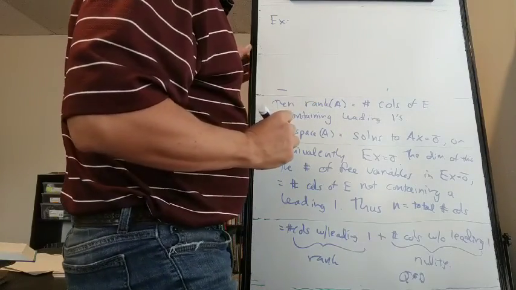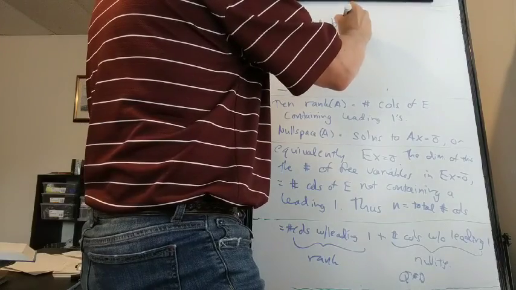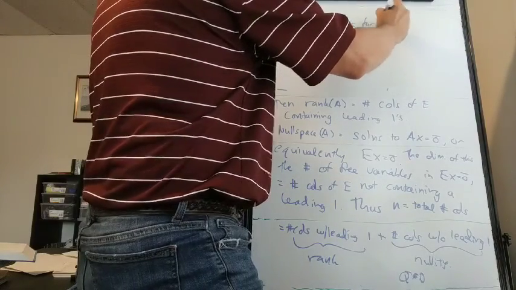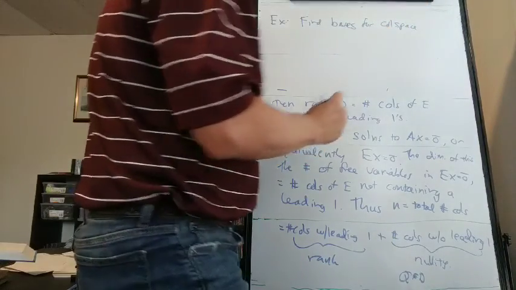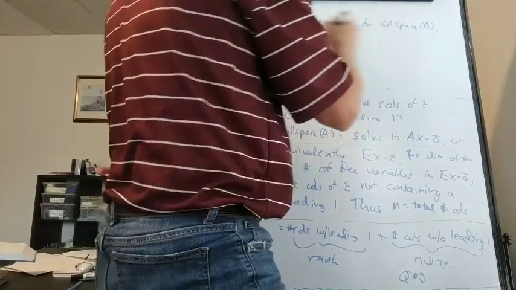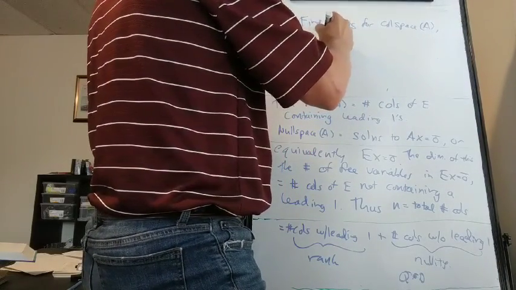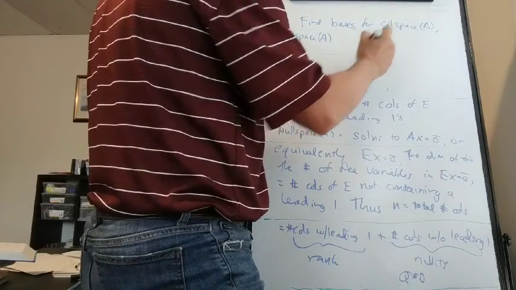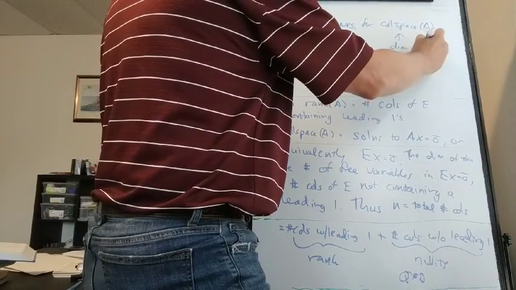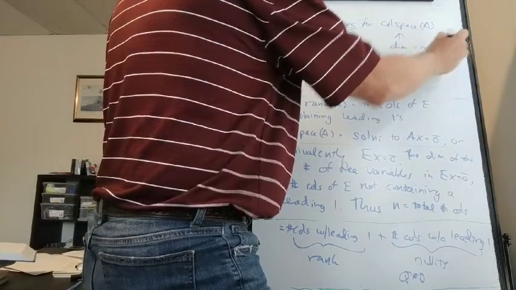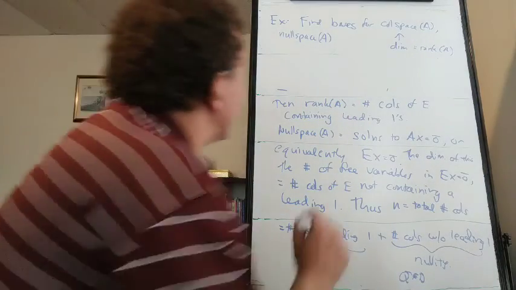So for example, let's find bases for the column space and the null space of A. Now the dimension of the column space is equal to the dimension of the row space, which is the rank.